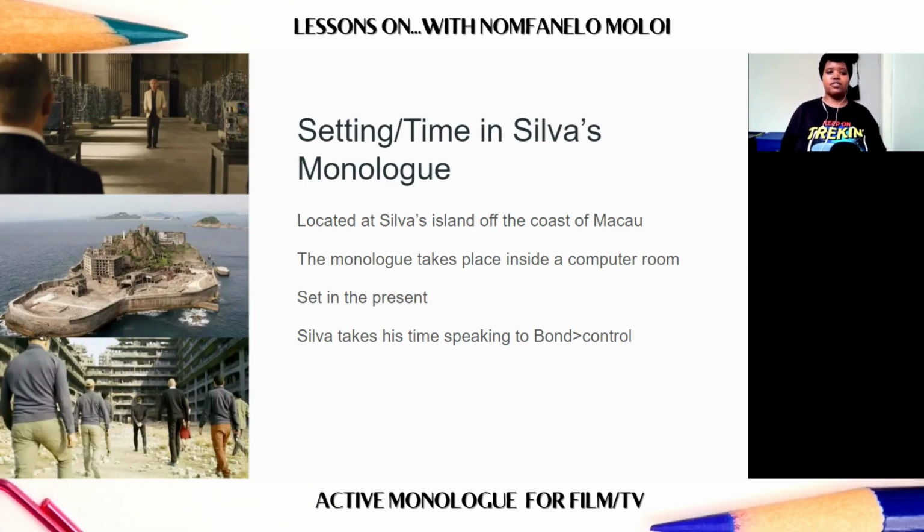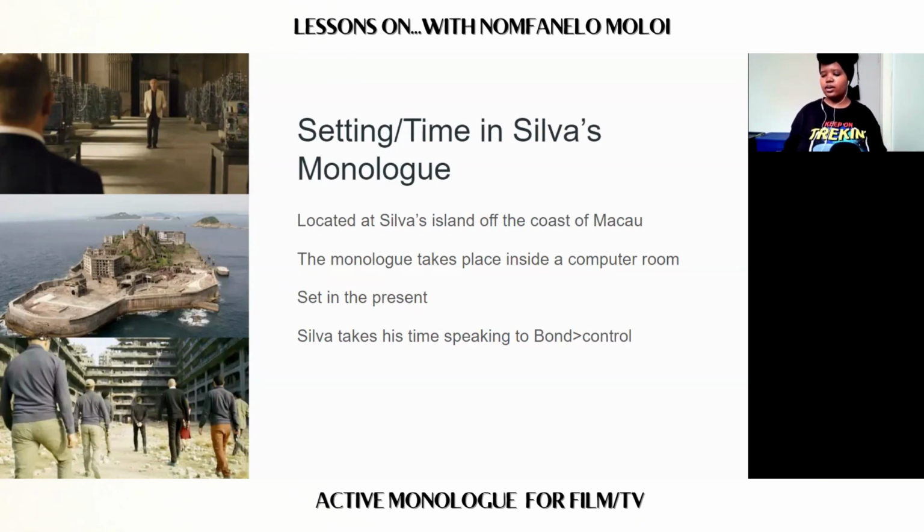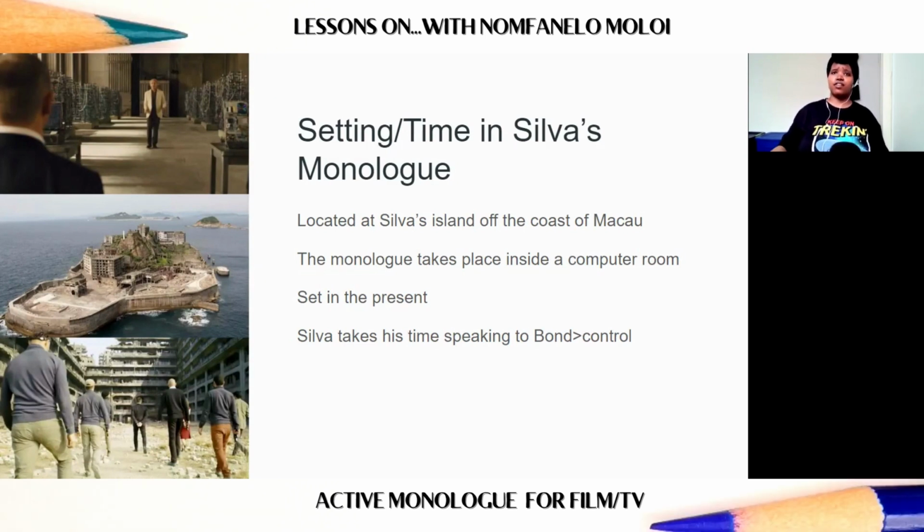And in terms of time, usually with time, the character might be very urgent to say something, so they might speak very fast, like they need to get something off their chest. While in this case with Silva, he's taking his sweet, sweet time talking to Bond, because since he owns the island, he feels like essentially he could do whatever he wants.